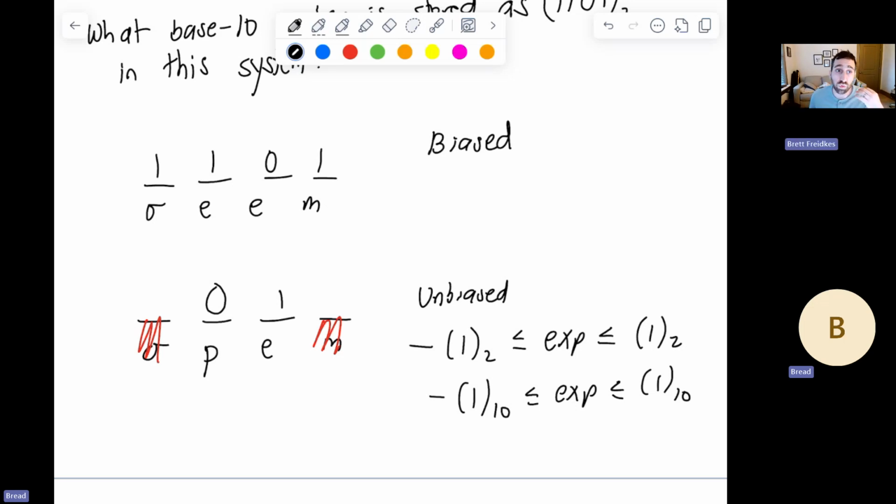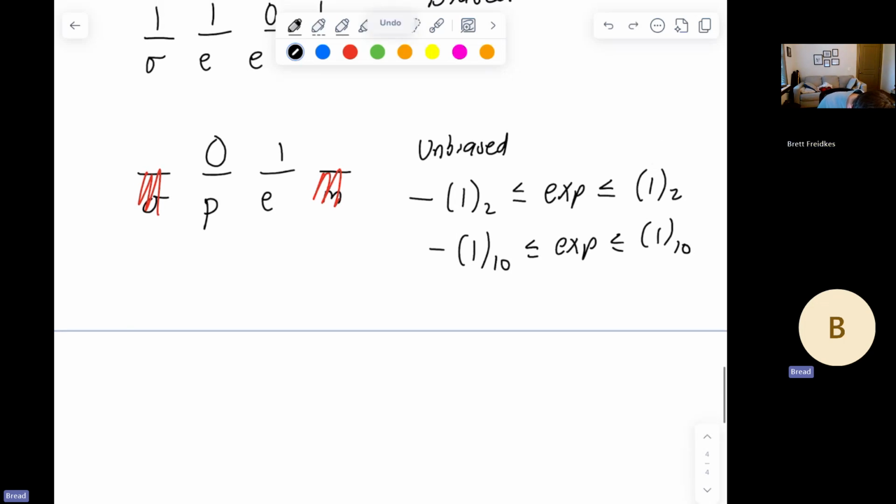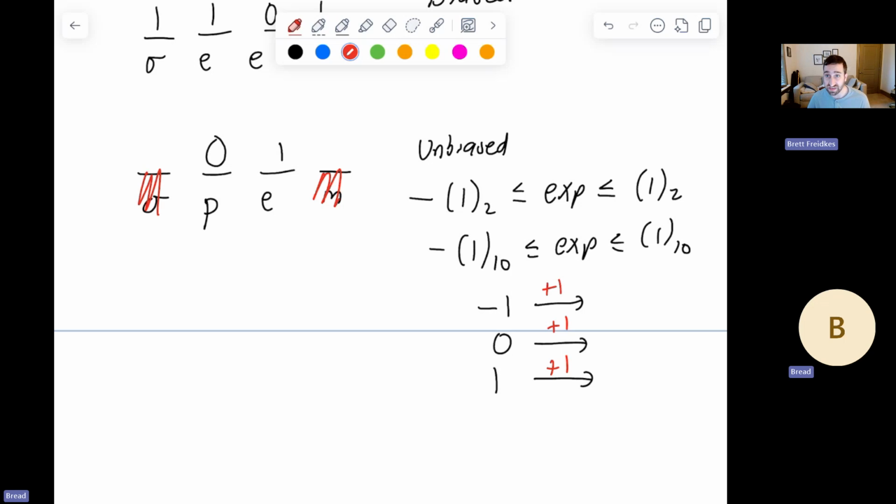So our range of exponents would be -1, 0, 1. How much do I need to add to bias it? Well, I'm going to make sure that of those 3 exponents, none of them will appear as being negative. So I have to add 1 because of this problem. I look at the worst possible case of a negative exponent and ensure that that specific case is never negative.